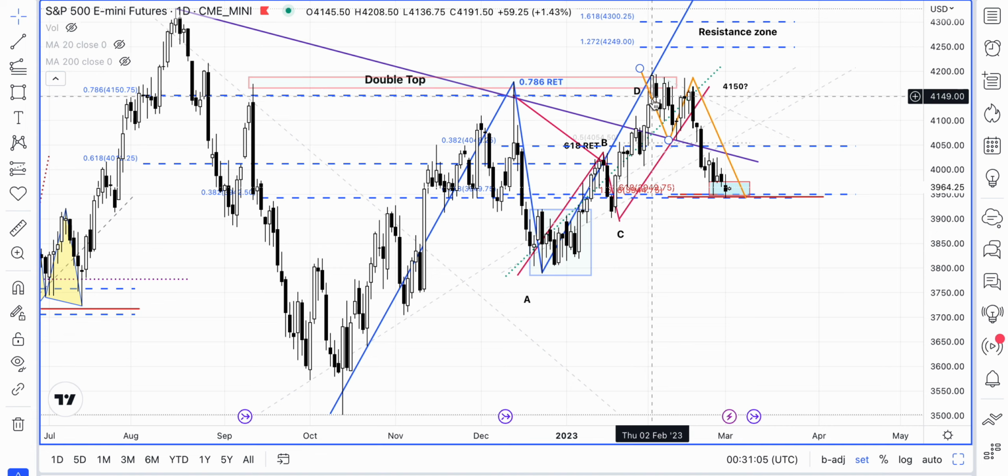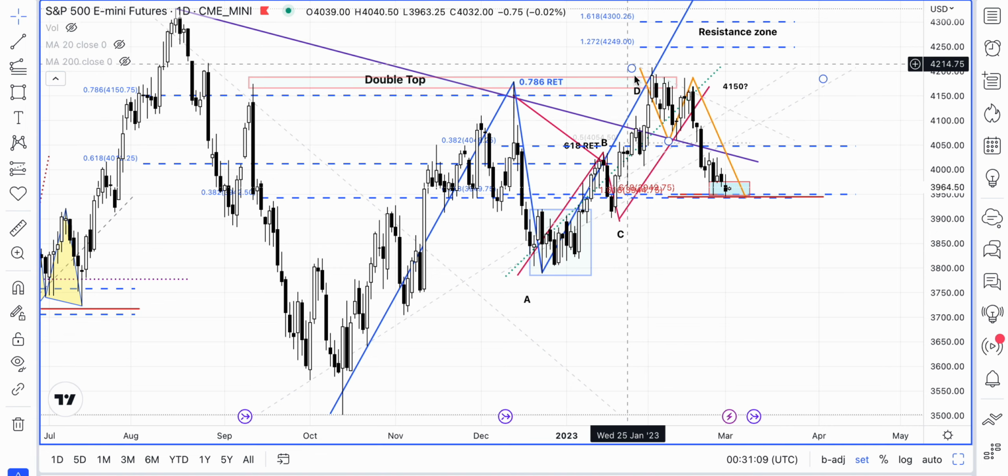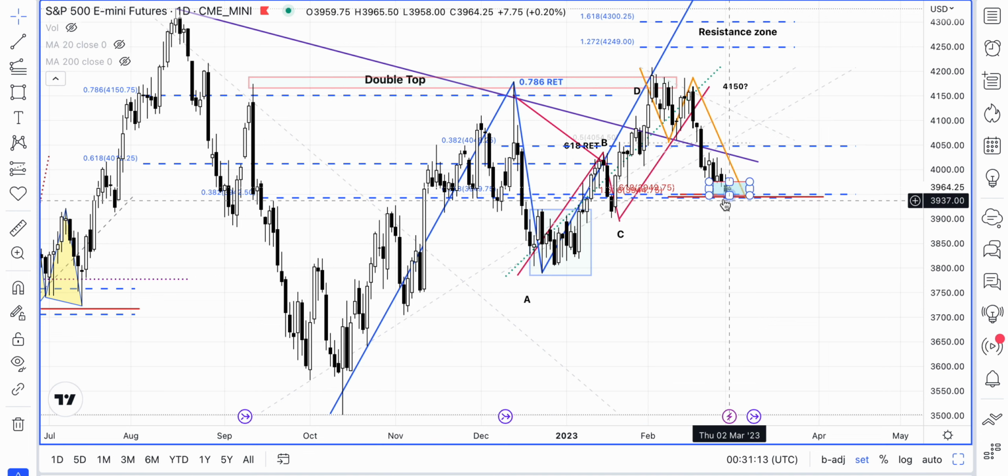So what you see in the orange lines is an expansion of this segment by 1.618. So we have got a good confluence of support coming here around the 39.40 level.